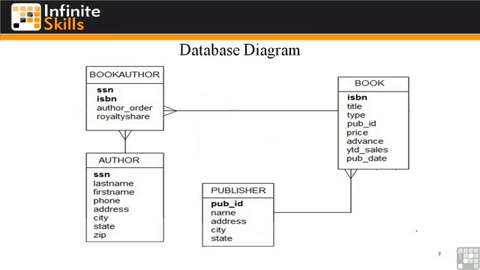Here's the database diagram. Here's the book table, and it has a pub ID column in it. And the publisher's table, primary key is publisher ID. Makes sense that that would be the primary key for this table. But every book, we put a code in there, the pub ID code, to indicate who's publishing it. The technical term for this column in the book table is it's a foreign key.